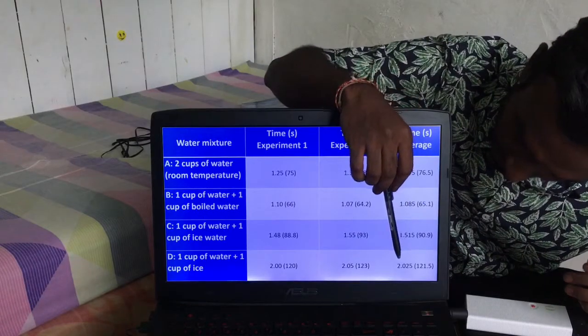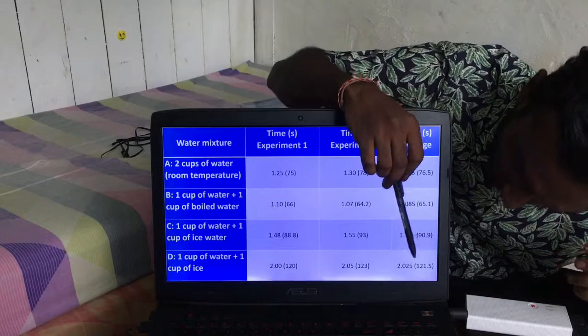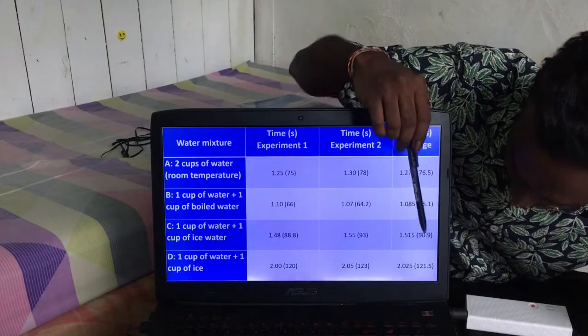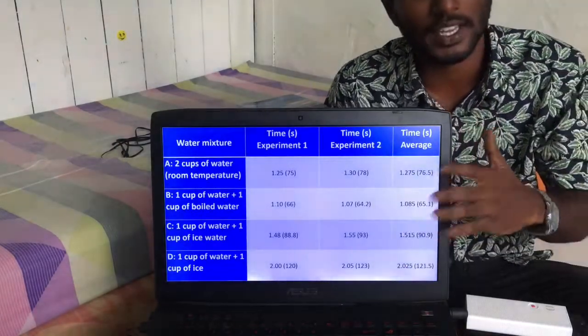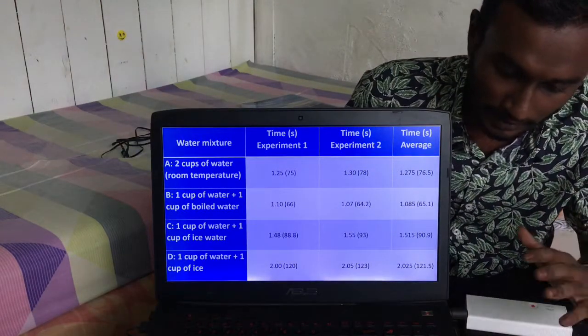For the average, I got around 2 minutes and some seconds. These are the results. Later on I'll explain about the theory and so on.